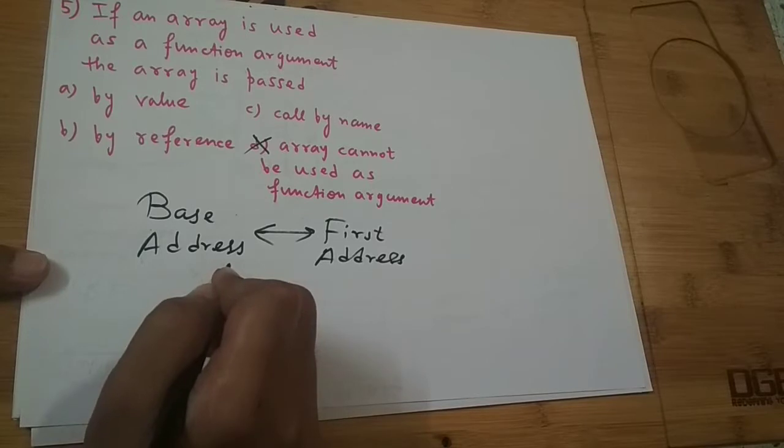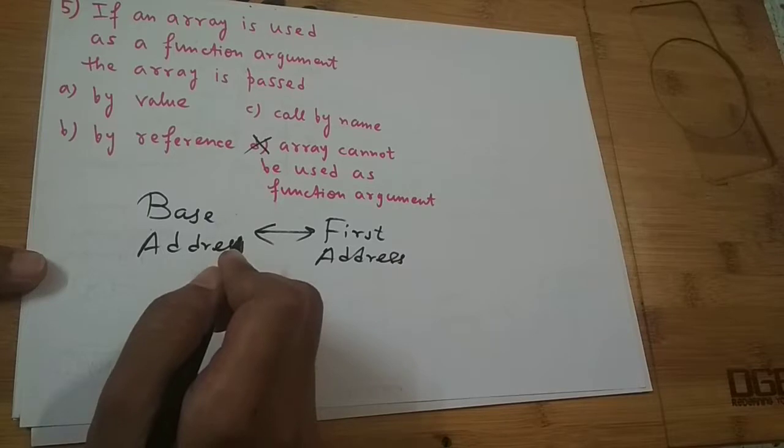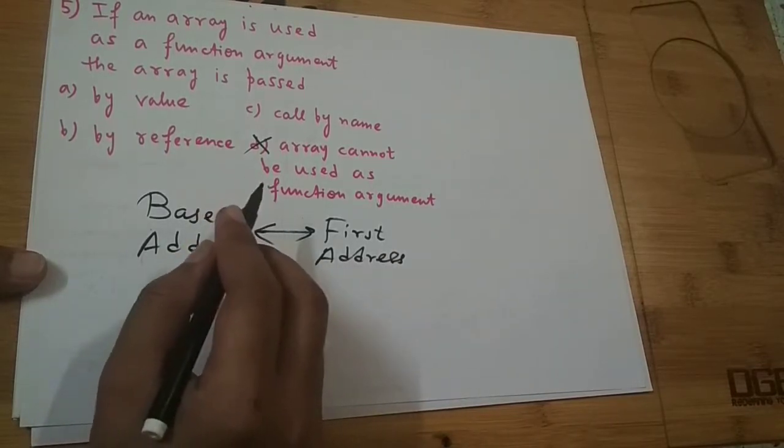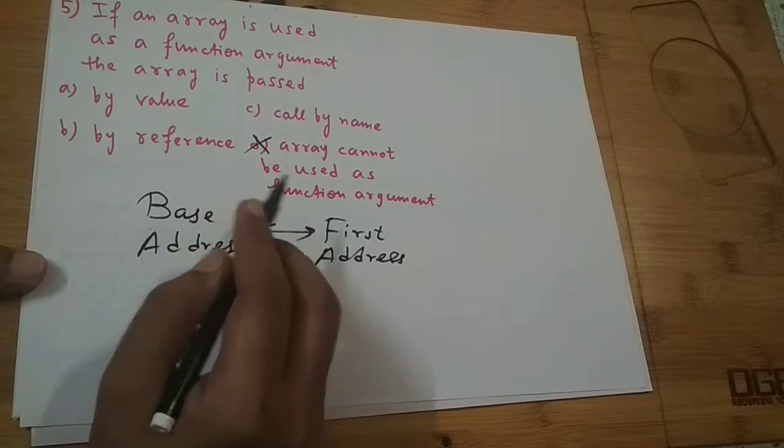Then the entire array will be available to the function. Obviously, if it knows the first address, then it will know all the elements present in the array, because starting from the first address, it can access the remaining elements by moving in increasing order of size.